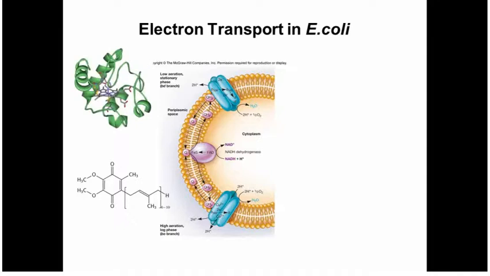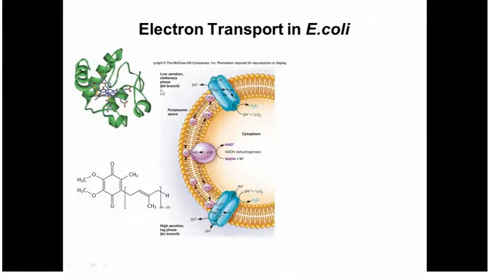The other thing is cytochromes. What are cytochromes? Cytochromes are small proteins that have a heme group, and the iron in here is what's going to flip from the ferrous to the ferric form. So iron 2 to iron 3, these are involved in the electron transport.